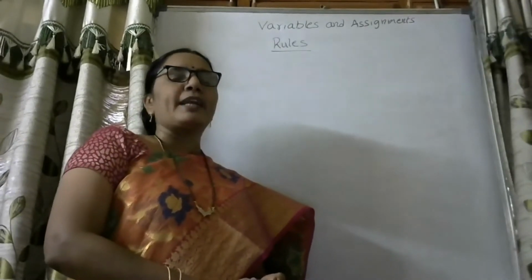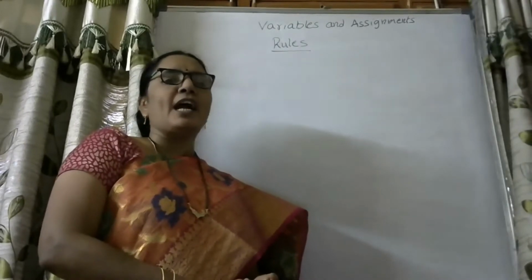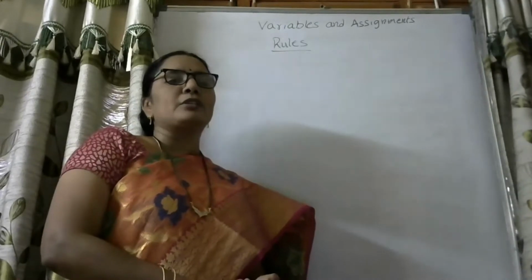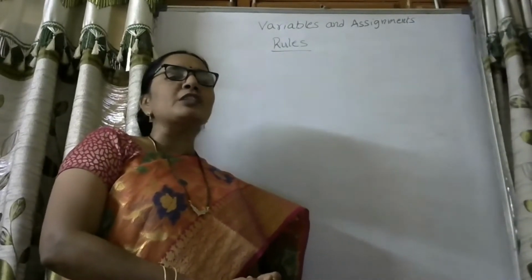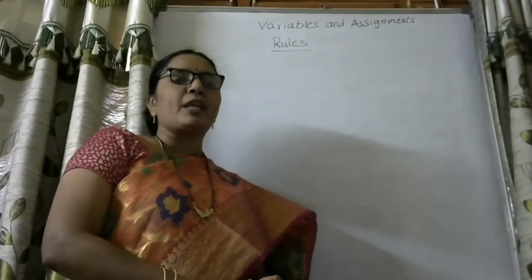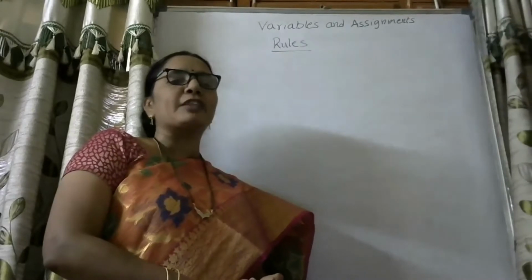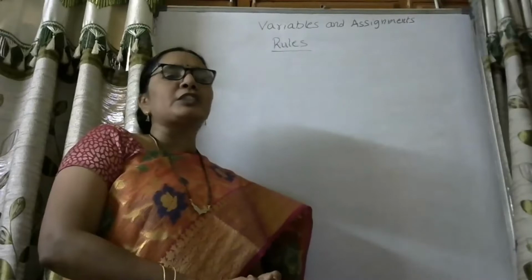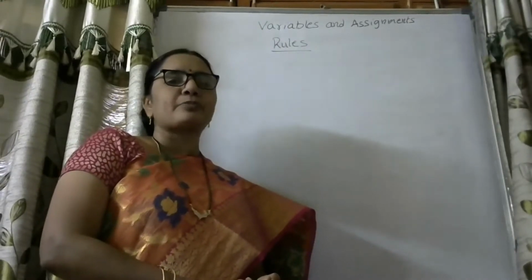Names can contain alphabets, digits, and underscore. The second rule specifies that the name should not start with a digit. It can start with an alphabet or an underscore. It should not start with a digit. Next, keywords cannot be used as an identifier.